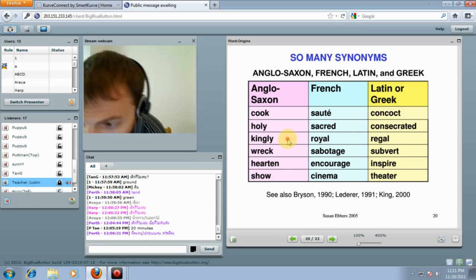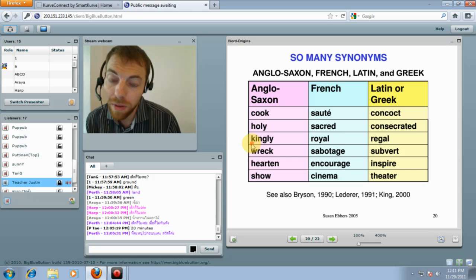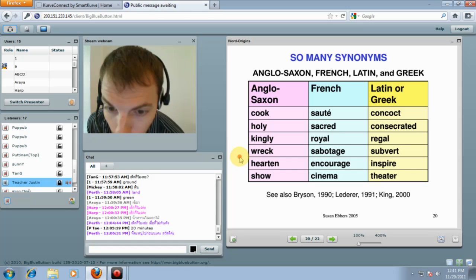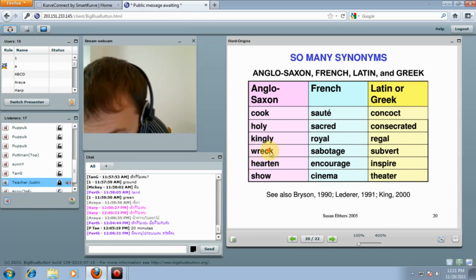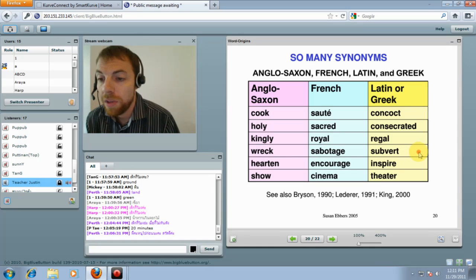Let's see, kingly, royal, and regal all mean the same thing, someone who is a king. Let's see, wreck, sabotage, or subvert means to try and stop something or destroy it or make it hard for someone to do something.